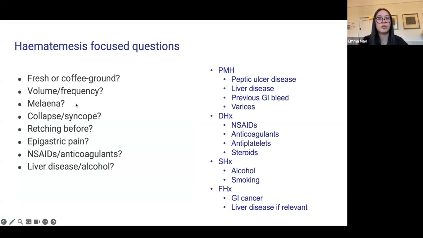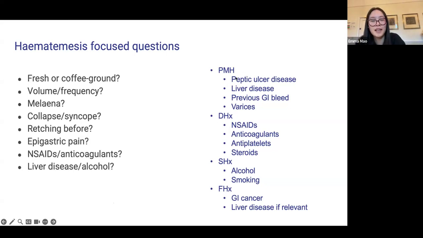Okay, so does it look fresh or coffee ground? Again, volume, frequency. If they've also got melena, so dark tar-like poo, collapse or syncope, I guess that's a sign that they've lost a lot of blood. Retching before suggests it could be a tear. Actually, I should probably move on to the next slide to see the associations.